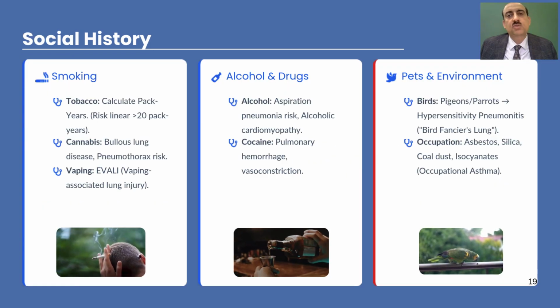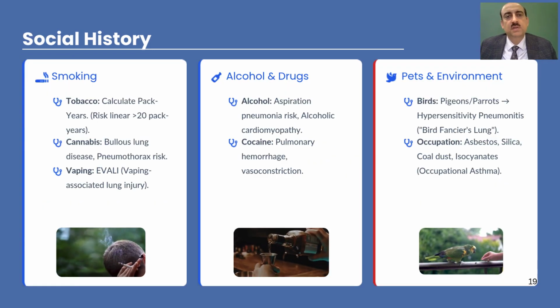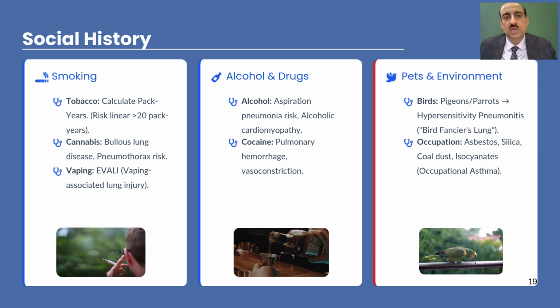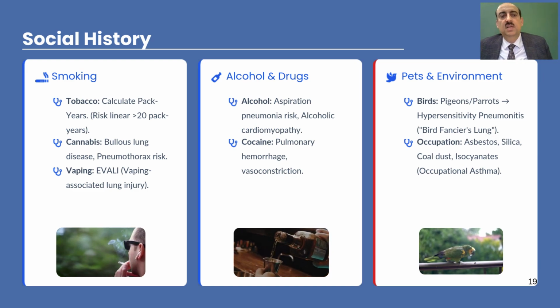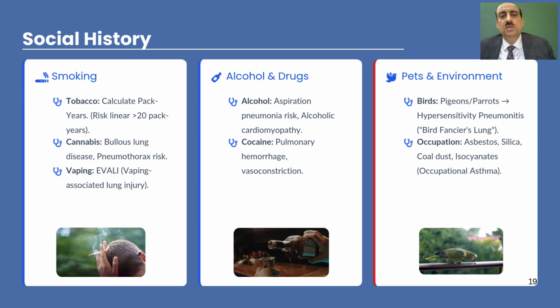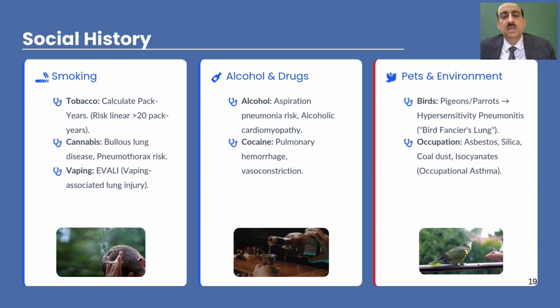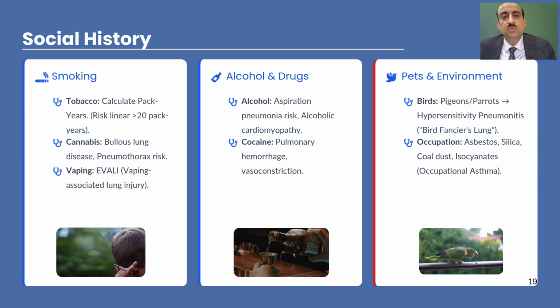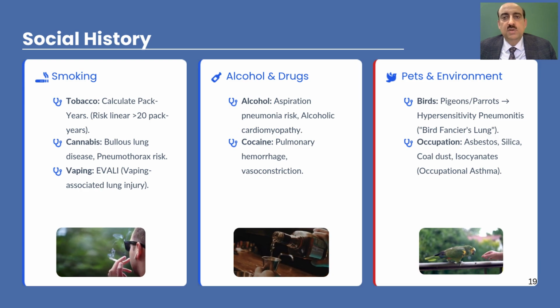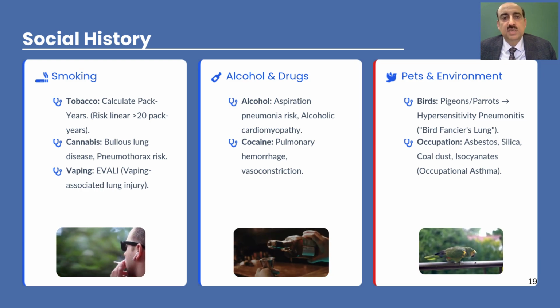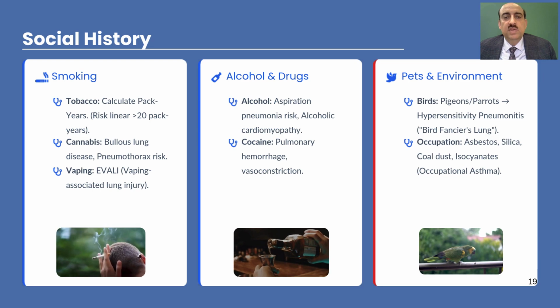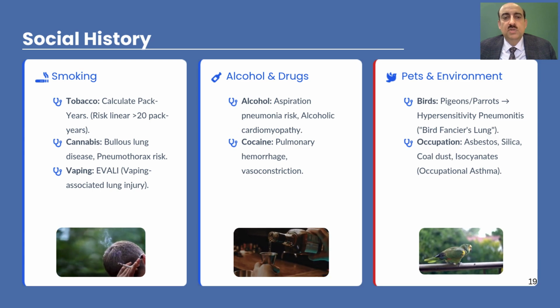Just recapping the social history, we have touched upon it in the previous few slides. A history of smoking, please refer to the earlier slide where we discussed tobacco, cannabis, and even vaping itself can lead to lipoid pneumonias and chronic shortness of breath and parenchymal lung changes. Alcohol and other drugs can also lead to problems and shortness of breath.